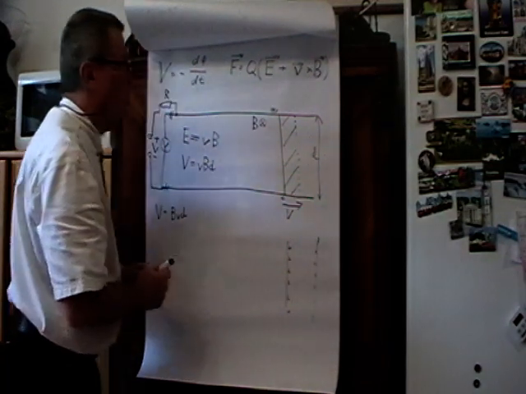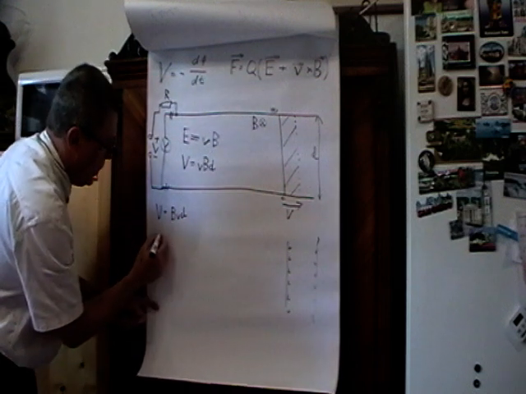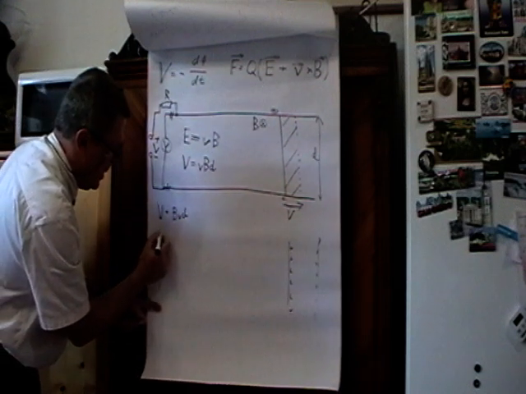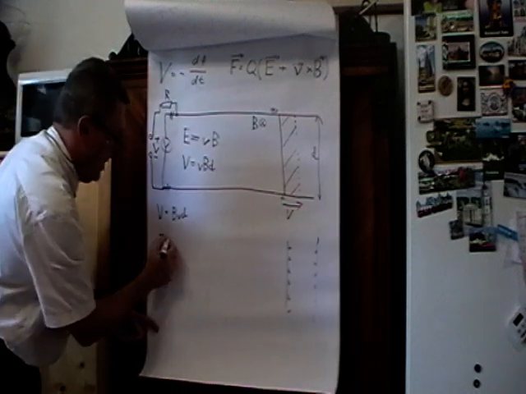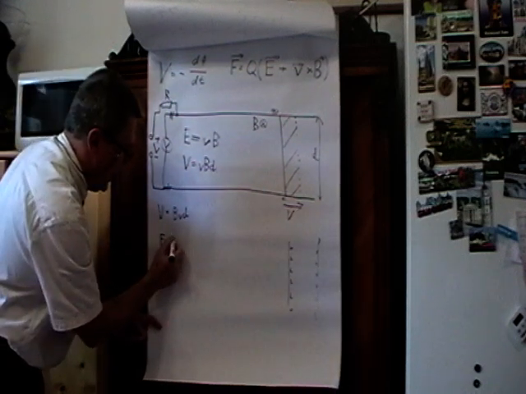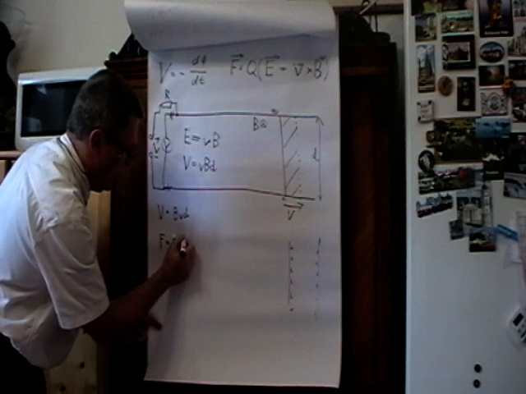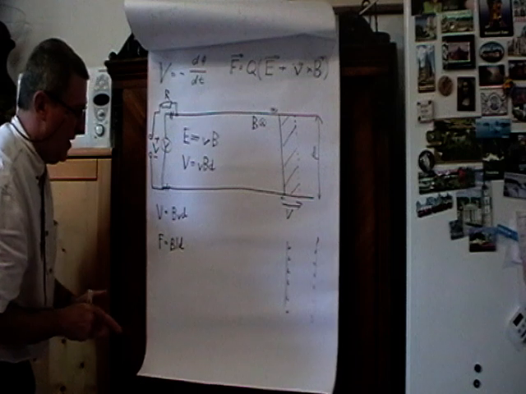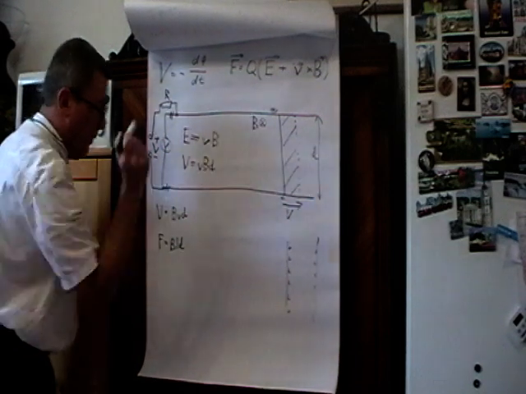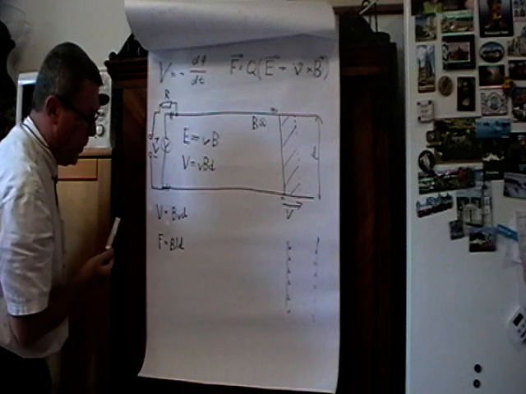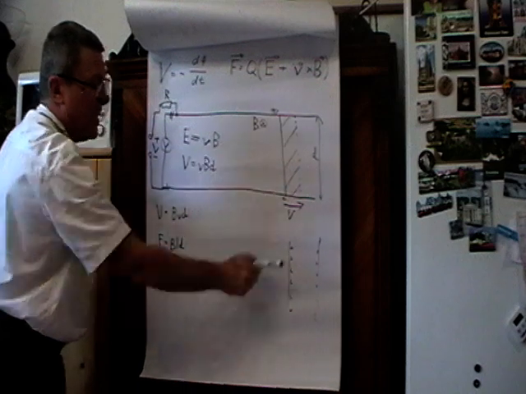And therefore, we would be able to find out that the force affecting the stick would be B I D. Well, where B is the magnetic flux density, I is the current flowing through the stick, and D is the length of the stick.